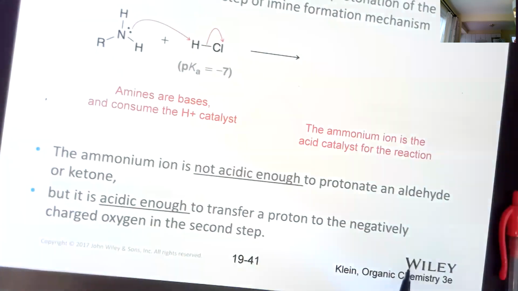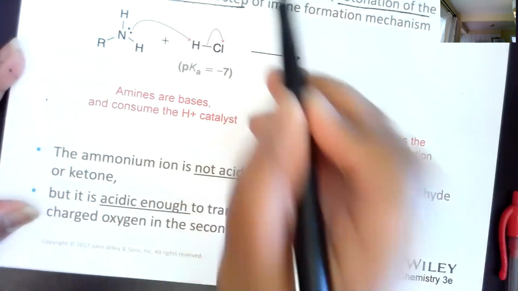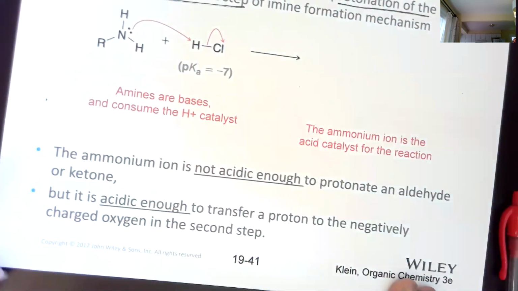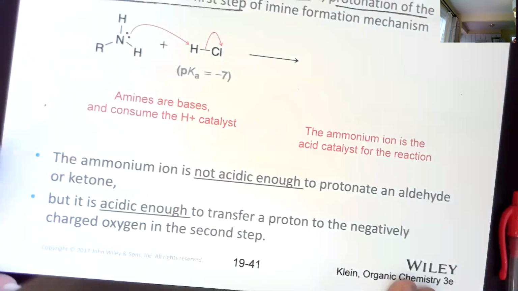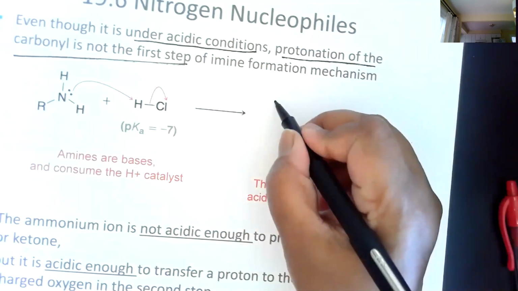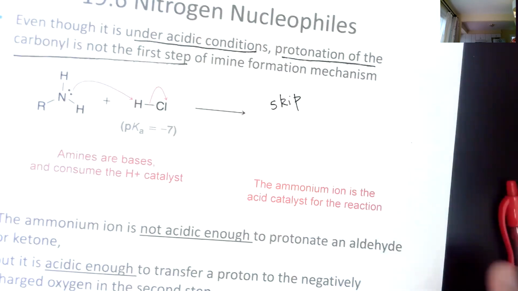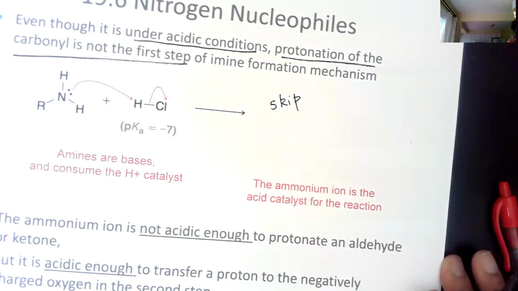So we are doing the reaction under acidic conditions. So this is what happens. Protonation of the carbonyl is not the first step of the imine formation, okay? And these are the details for it. I'm going to say just follow the steps that I had given, and we will not worry about it here, okay?